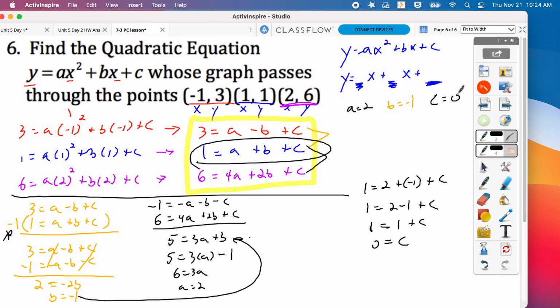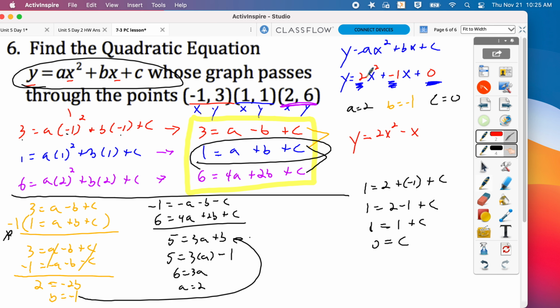So the only new idea for this is we're going to take this equation, substitute the x and the y into each of it 3 times, giving us this highlighted yellow that we solve. My final answer, I'm going to write this equation. Y equals my a times x squared, which is 2x squared, my -1 times x, minus x, plus 0.